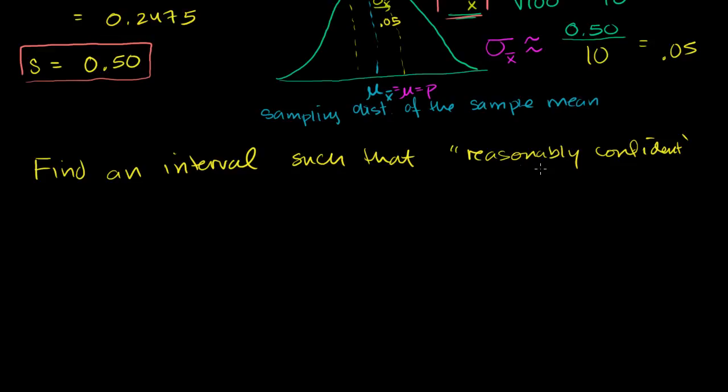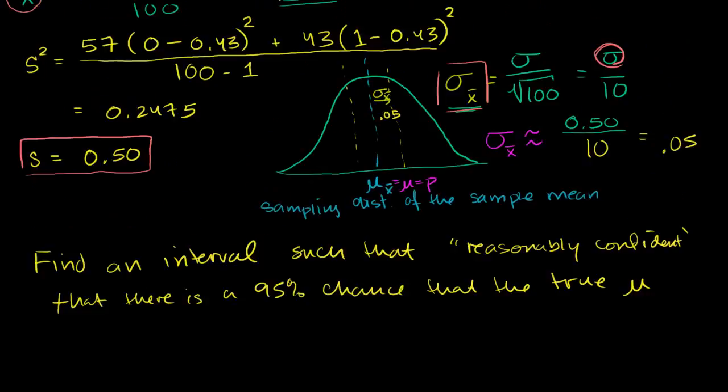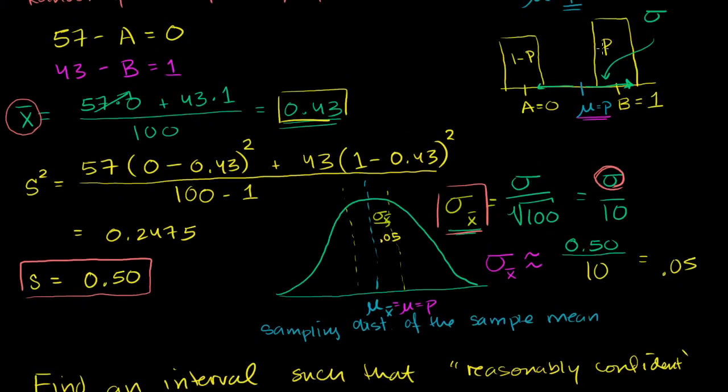But I'm reasonably confident that there is a 95% chance that the true mean of the population, which is the same thing as the proportion of the population who are going to vote for person B, or the proportion of the population that are going to be a 1.